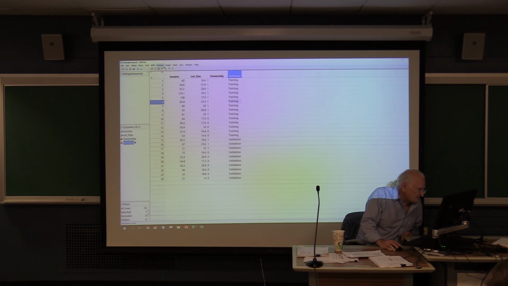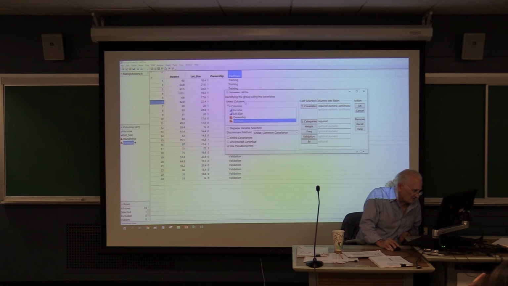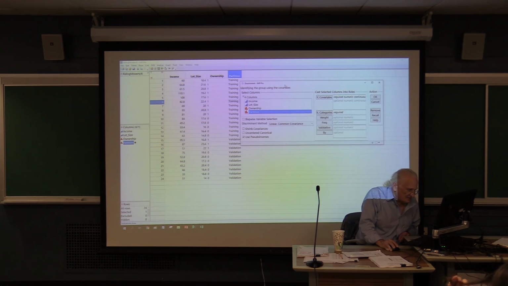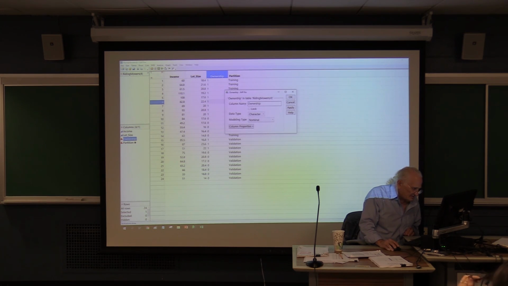Then I can go to multivariate methods, and I go to discriminant. That's where this is. Now, the way they use X and Y is the opposite of what we are used to. The ownership has to be something that has this color. So if you go to the ownership, this is character nominal.